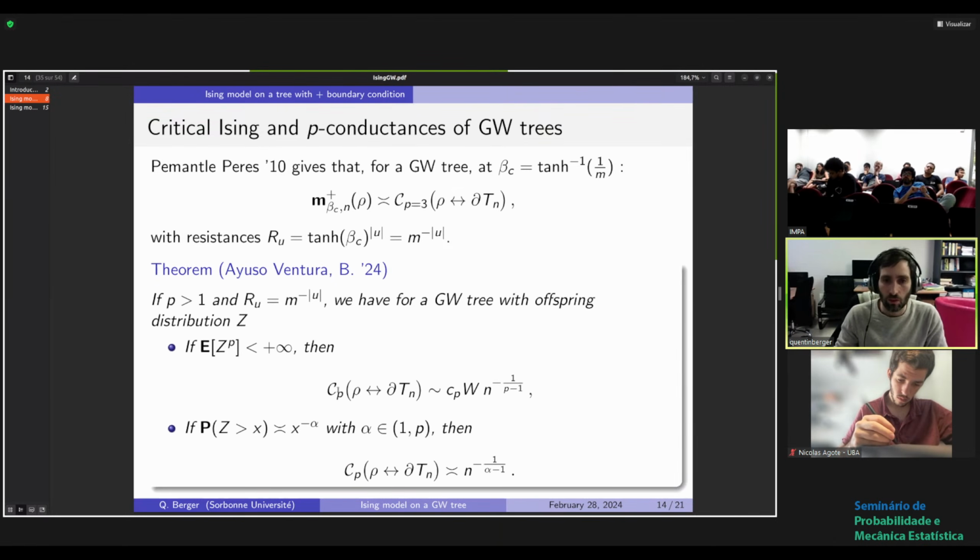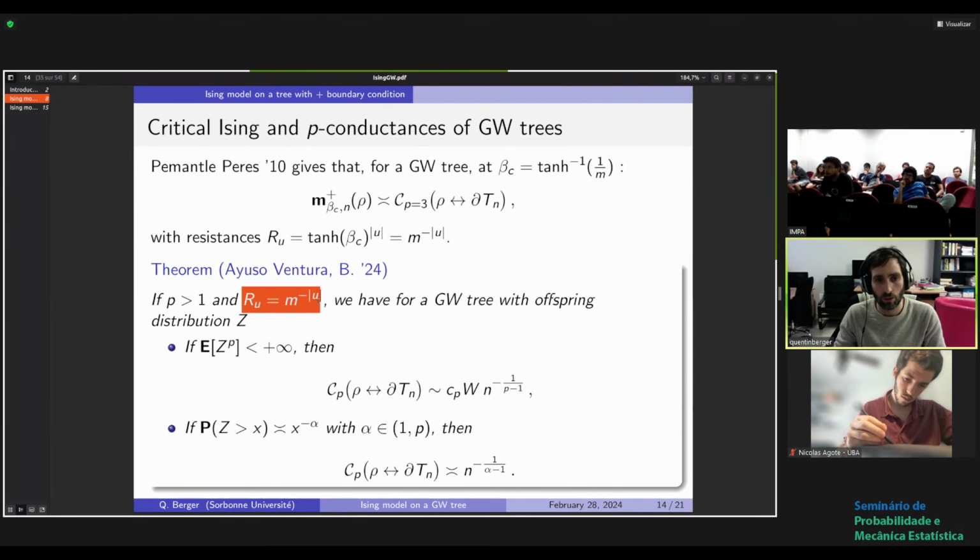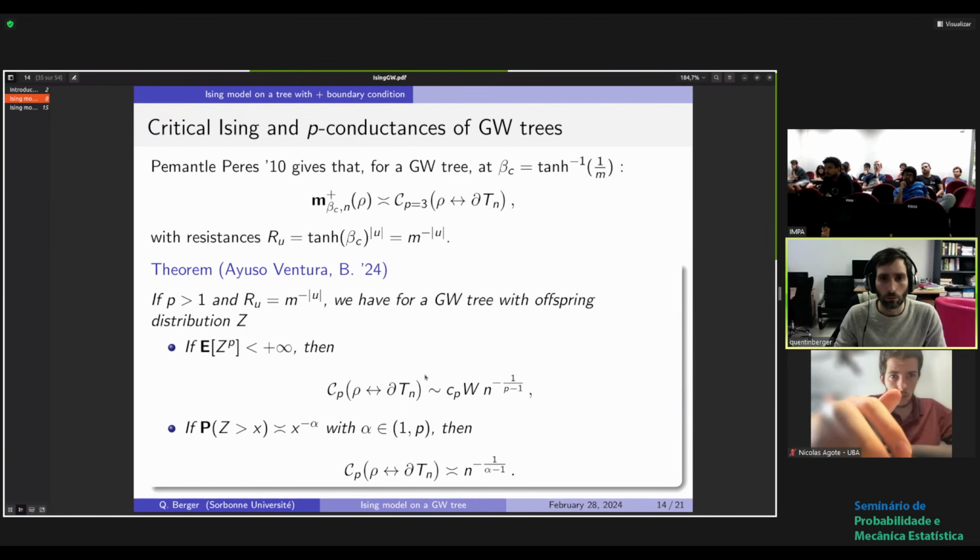We said, for a Galton-Watson tree with offspring distribution Z, the p-conductance at the critical point. So the Ising critical point is when you choose the resistances to be m to the power minus u. Right, there should be a minus sign.